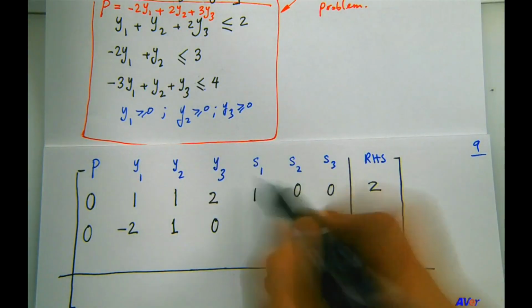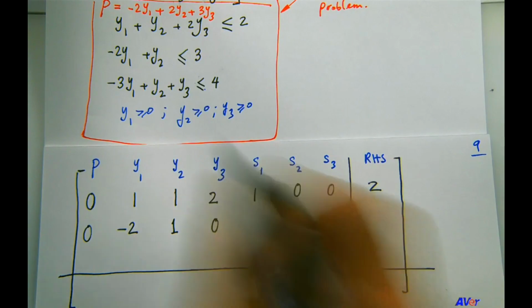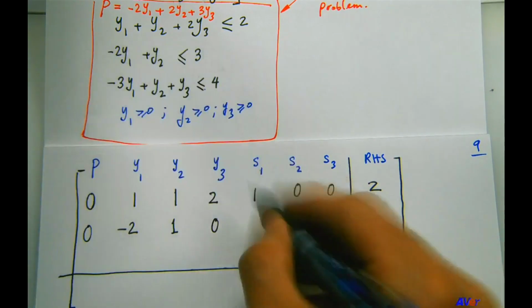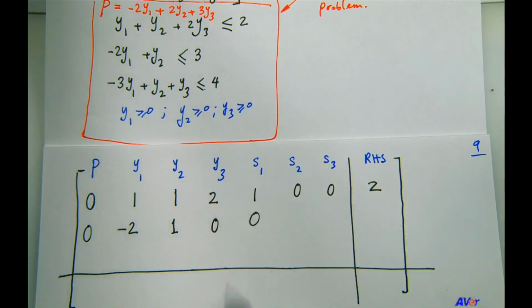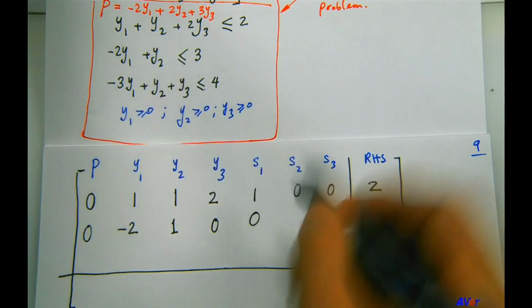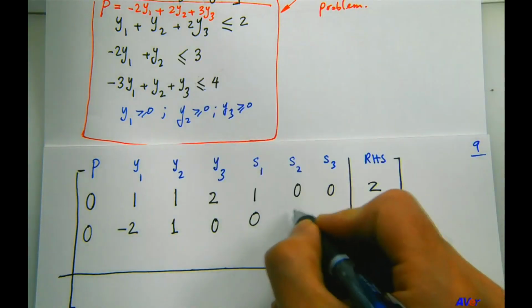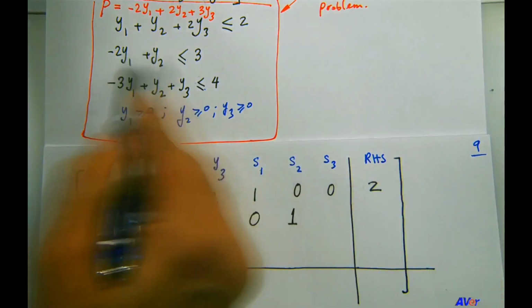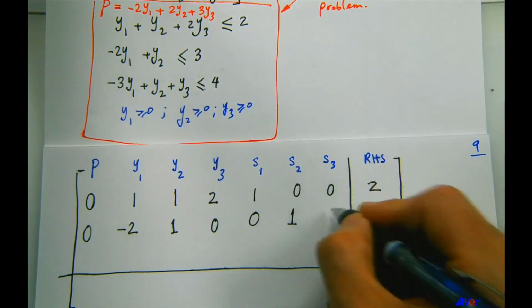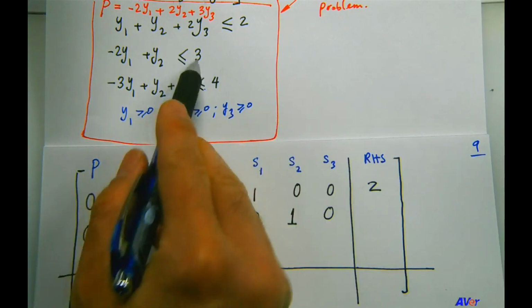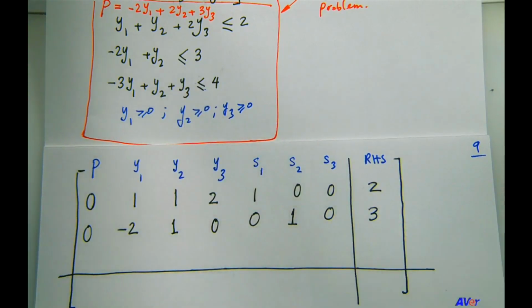And of course, S1 is already used up in the top inequality, so we can't use S1 in the second constraint inequality, but we can use the S2 variable. So the coefficient of S2 would be 1 in the second constraint inequality. And of course, no S3 there. And the right-hand side, of course, is 3.